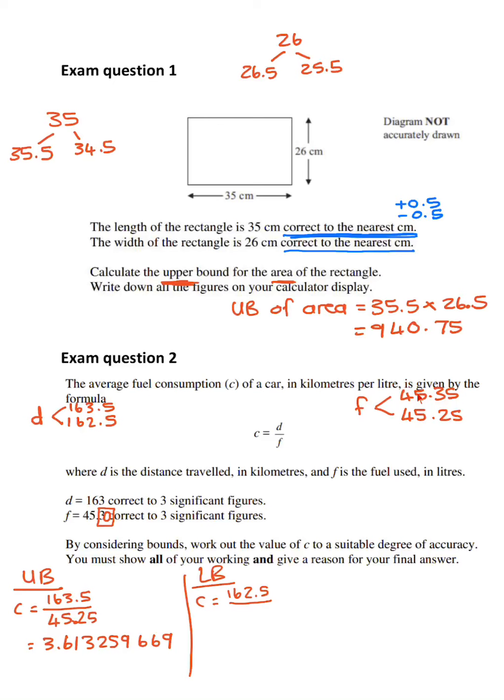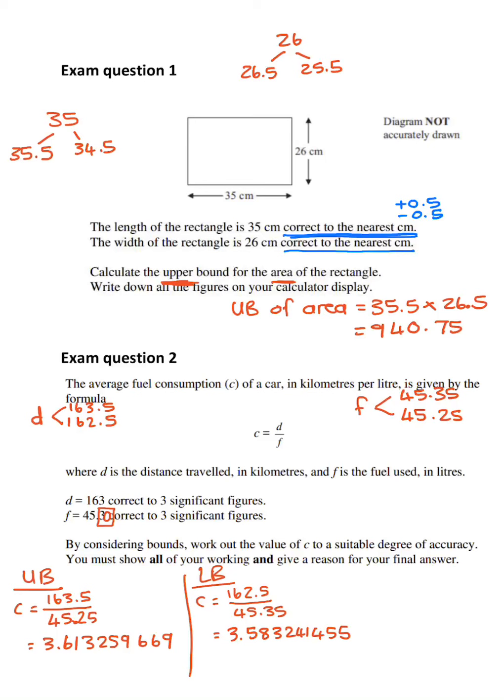So the biggest possible F value is 45.35. So if I calculate this, 162.5 divided by 45.35, I get 3.583241455.